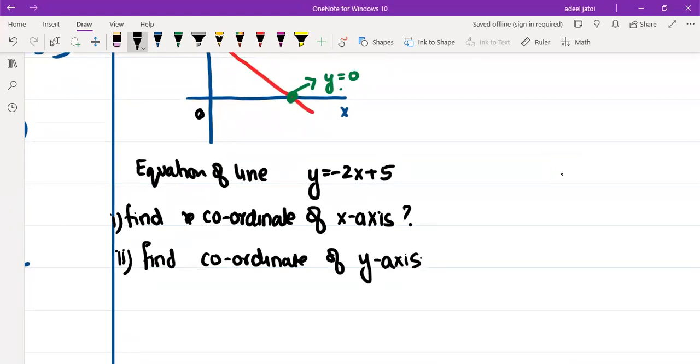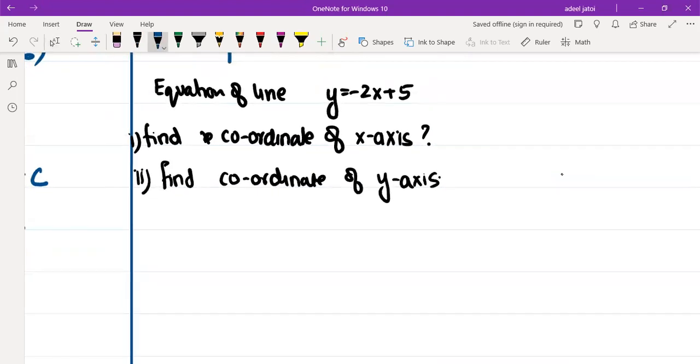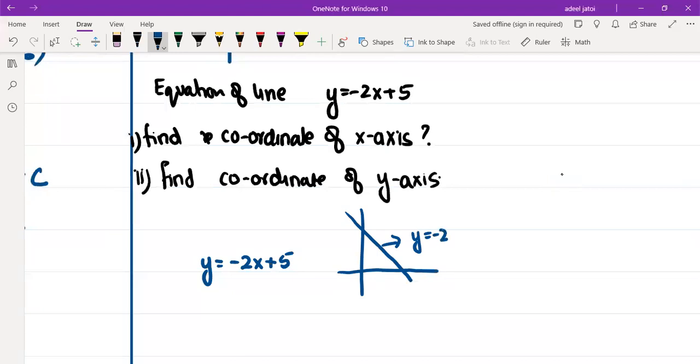Now, in this regard, you already know that the equation is given, and the equation is y is equal to minus 2x plus 5. That means this line has an equation y is equal to minus 2x plus 5. That means if I substitute any value in x, I should be getting y. If I substitute any value of y, I should also get x.